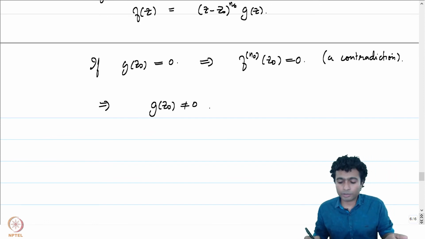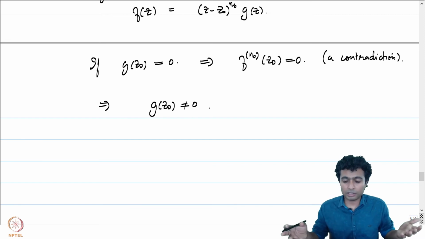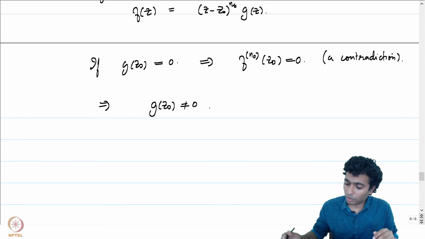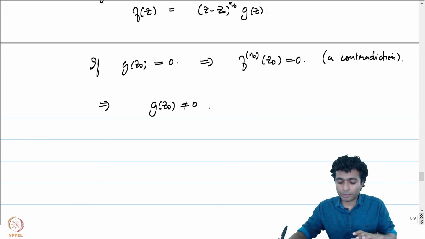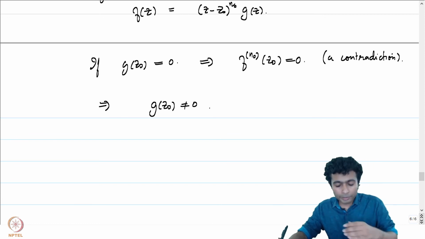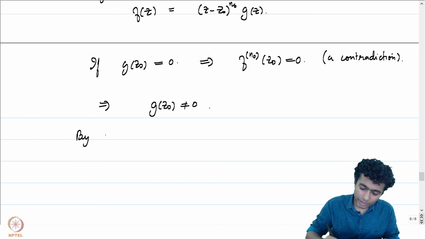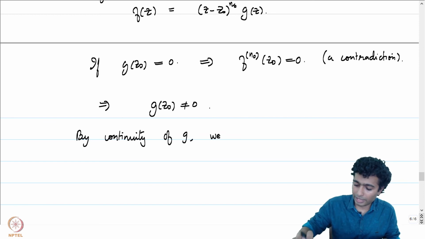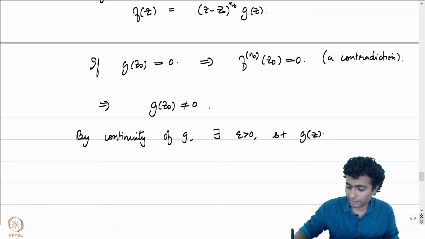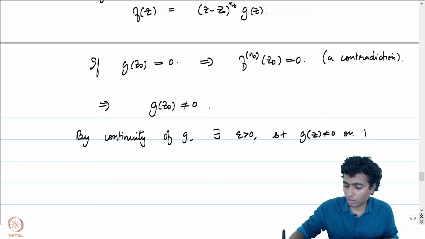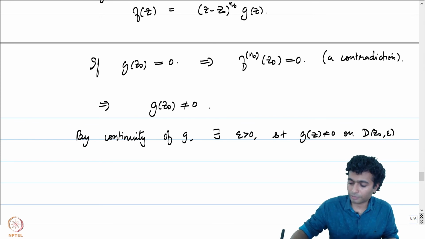But g is again going to be a power series, and therefore it's holomorphic, and because of that we will be able to conclude by the continuity of g that there exists some epsilon positive such that g of z is not equal to 0 on D(z0, epsilon).